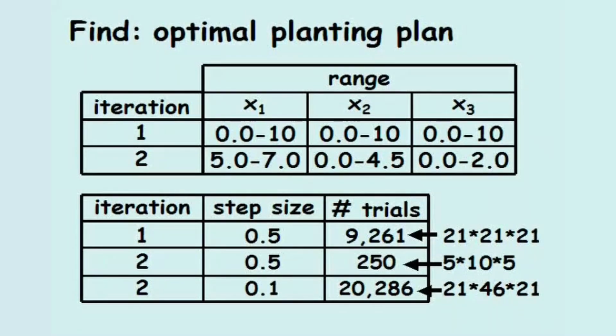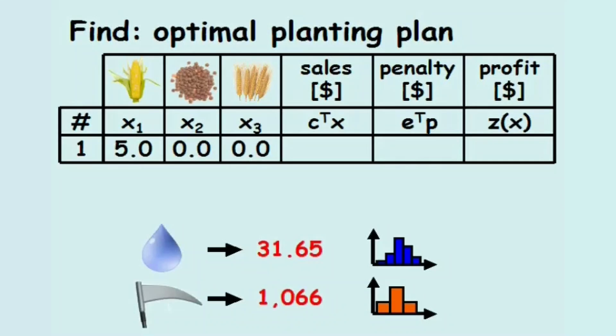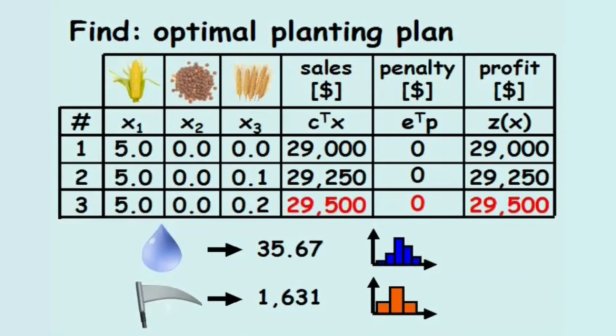For this second iteration, using the smaller step size of 0.1 acres, all 20,286 combinations of x1, x2, and x3 are simulated. Stochastic variables for water supply and labor supply are generated, and the sales, penalty, and profit are calculated. The simulation is repeated for the second combination, and the third combination, and so on.